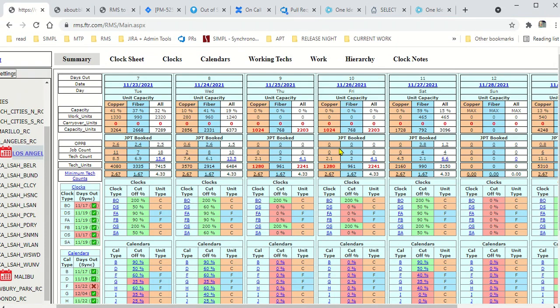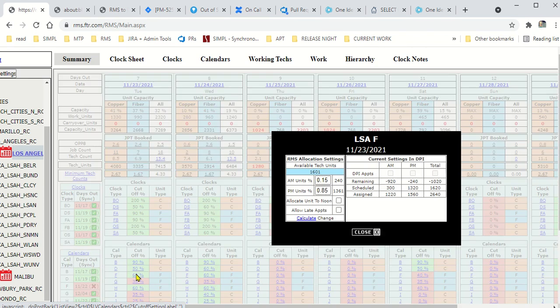Okay, correct me if I'm wrong here. When we go to the 23rd for F, then, okay, then. Wait, this one should be 735?